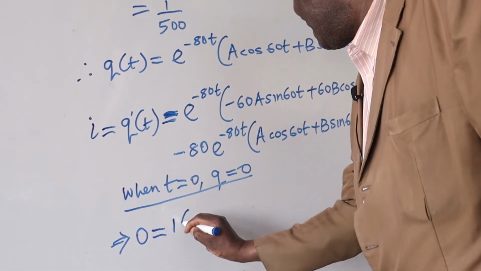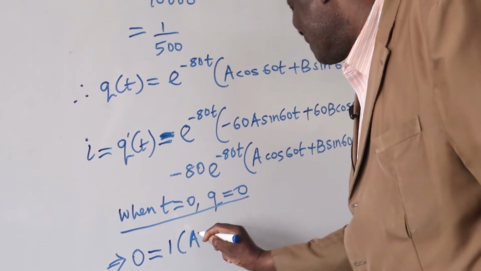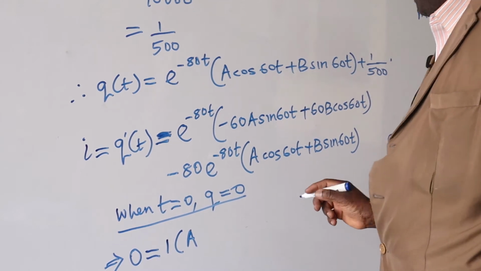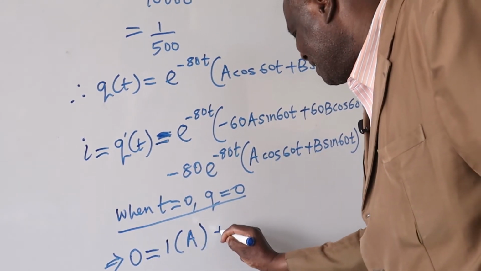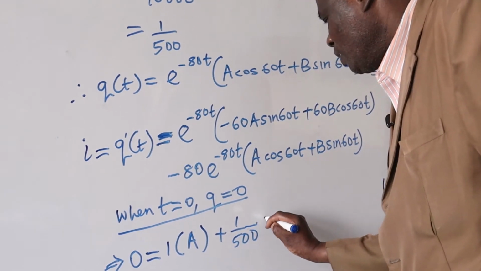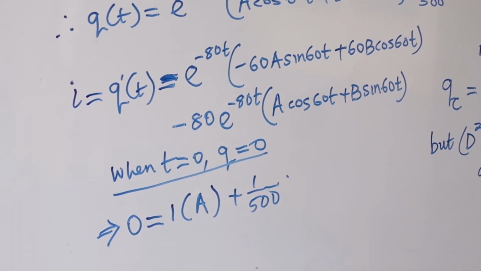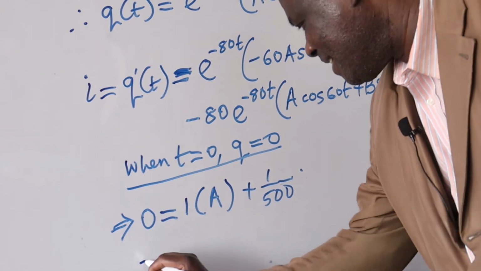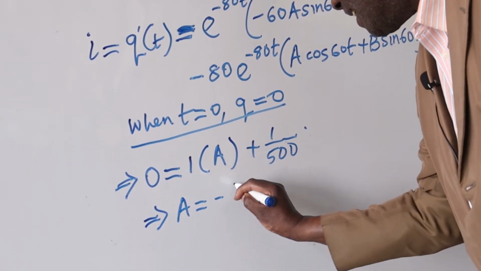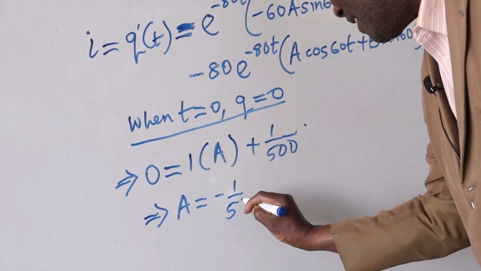So 1 into a cos 0 is that. Sine 0 is 0 plus 1 all over 500. So this implies our a is negative 1 all over 500.